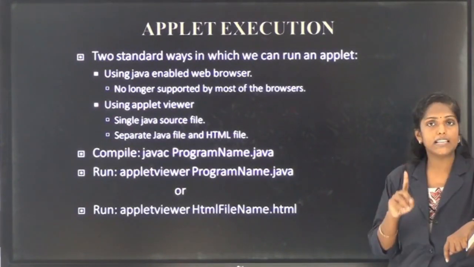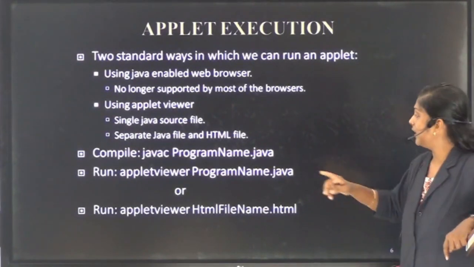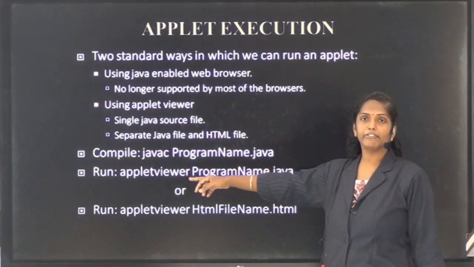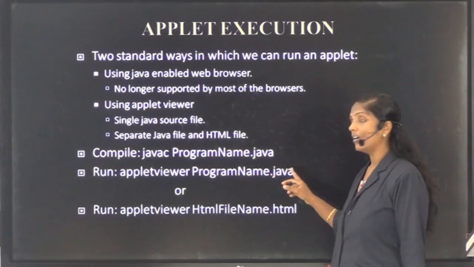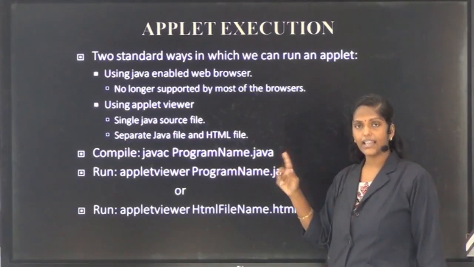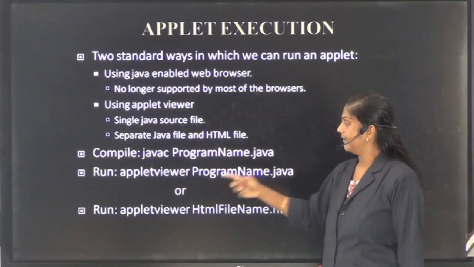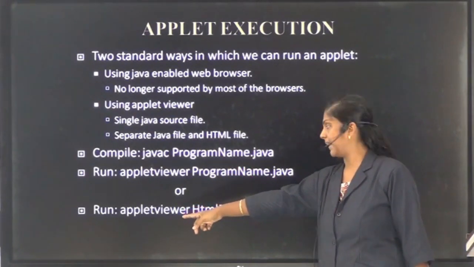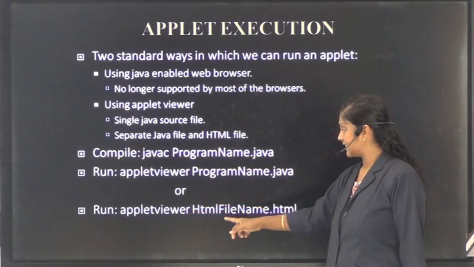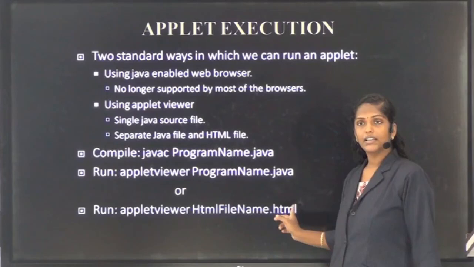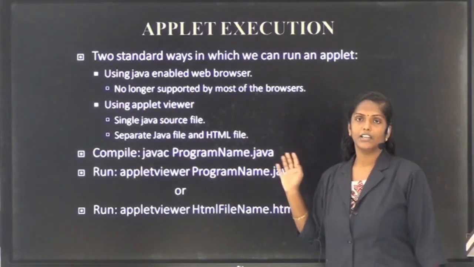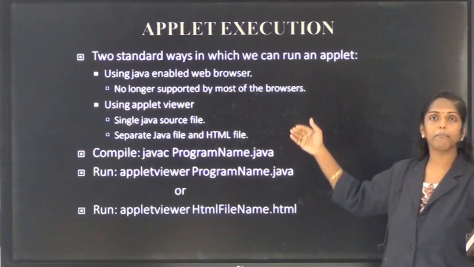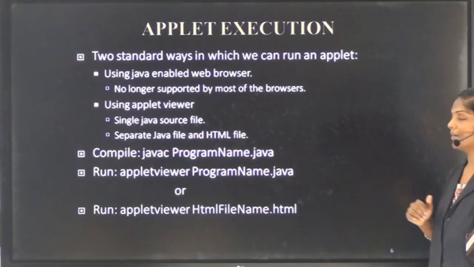If we are maintaining a single Java source file, the command for running is appletviewer program name.java. If we have maintained a separate HTML file, we run it using appletviewer HTML file name.html, the file name of the HTML.